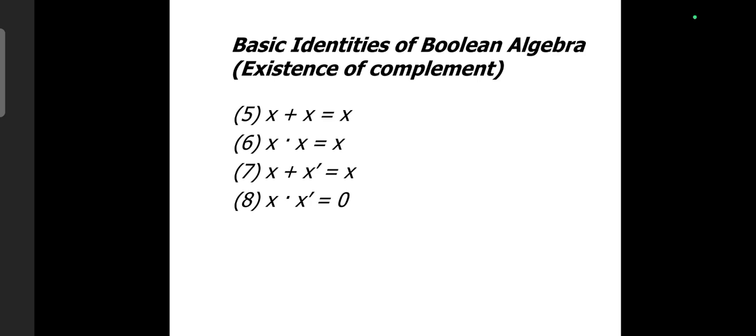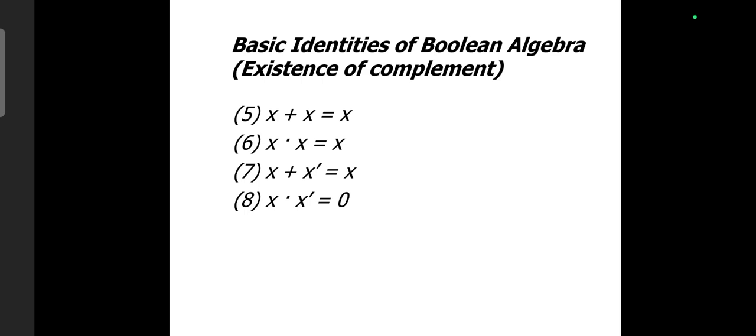A complement is represented here as x dash. A complement represents the opposite value of a Boolean variable. If a variable x has a value of 1, then its complement x prime, which can be pronounced as x dash or represented as x dash, x bar, or x prime, has a value of 0. Similarly, if x equals 0, then x prime equals 1.